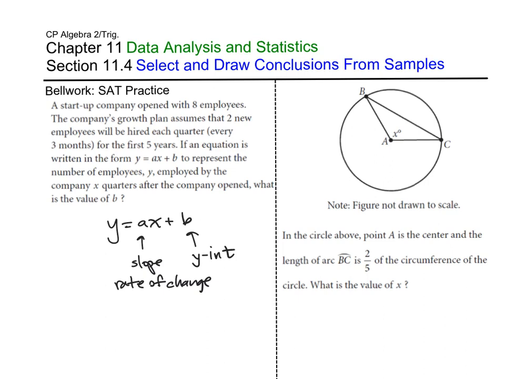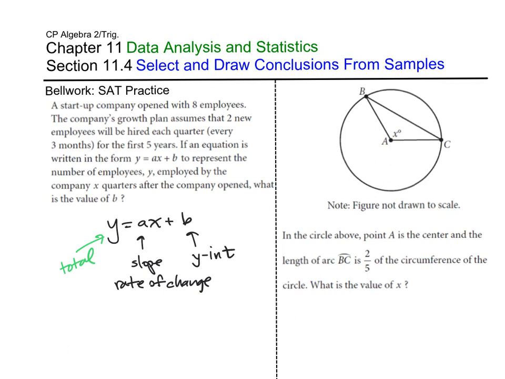So in this particular equation, a would probably be 2, and b would represent the number of employees there in the beginning, and x would represent the number of quarters. Obviously y is the total number of employees. So the total number of employees is growing at a rate of 2 per quarter, a being 2, x being the number of quarters, and b would be the starting number of employees.